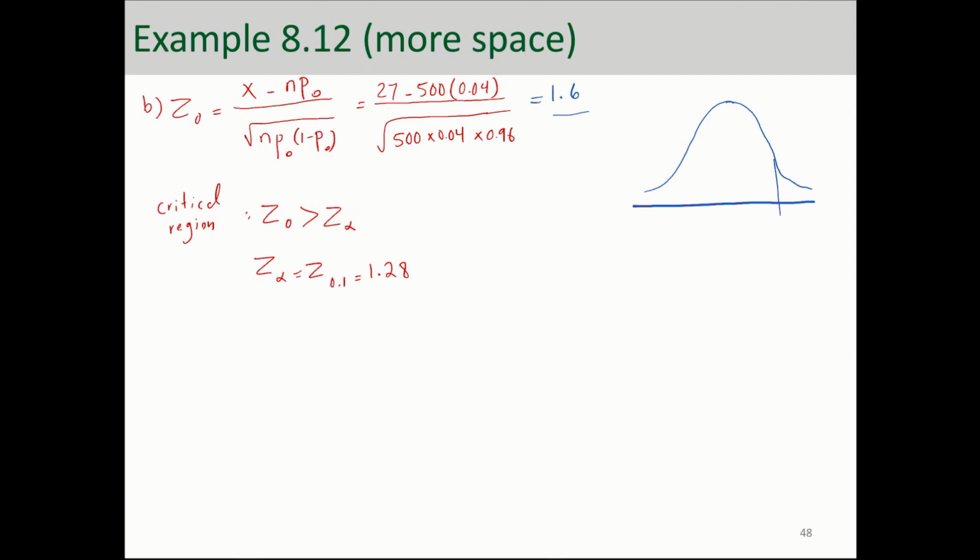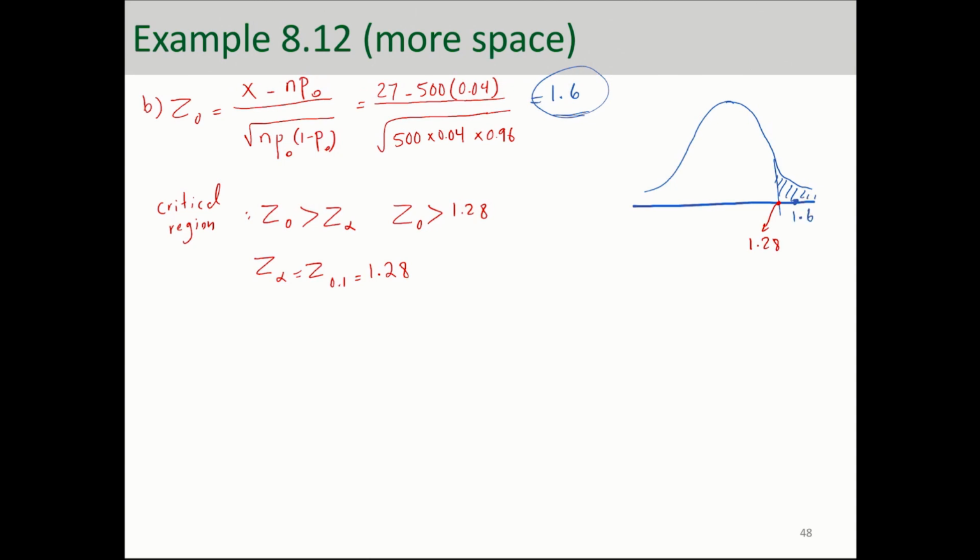So we reject the null hypothesis if the z score is greater than 1.28. Basically, this point right here, where the critical region begins, is 1.28. And looks like our test stat, 1.6, is above that, in the critical region.